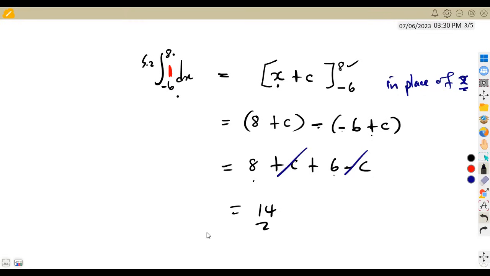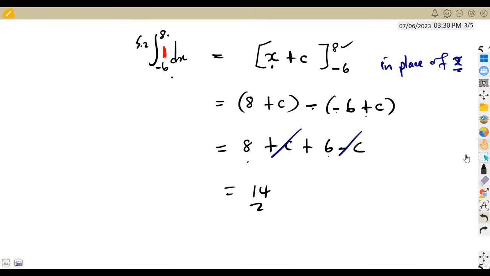So like I said, whenever you are given limits like this, never worry about the constant. You can integrate directly without having your constant, meaning to say you're just going to write x. You obtain your x without the constant, because at the end, the constant will cancel. So you can simply remove it that way.